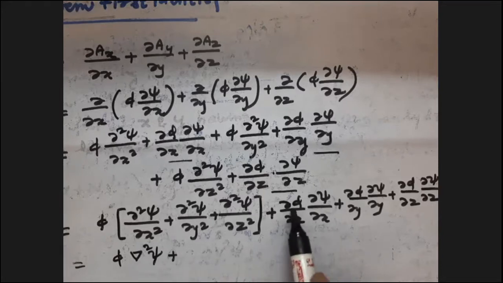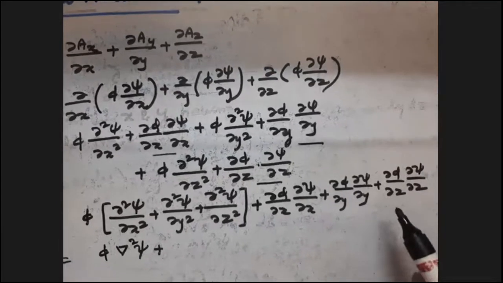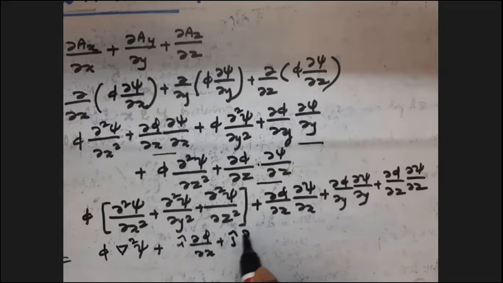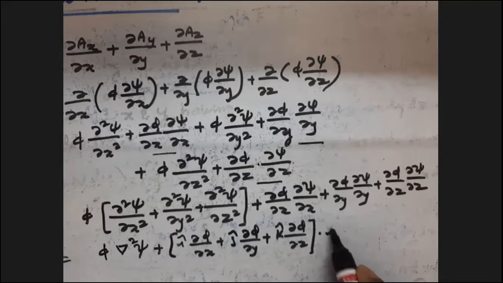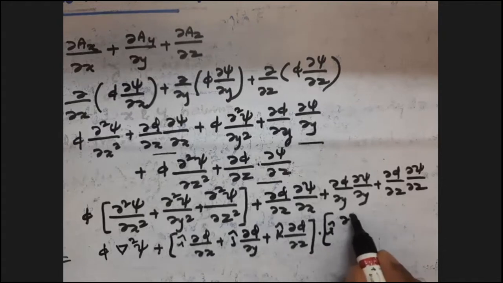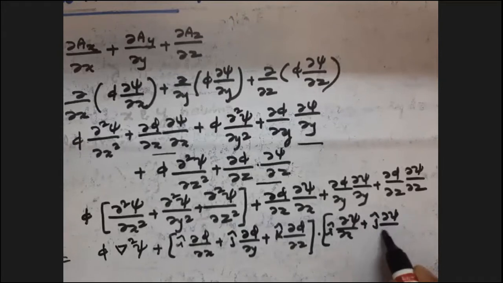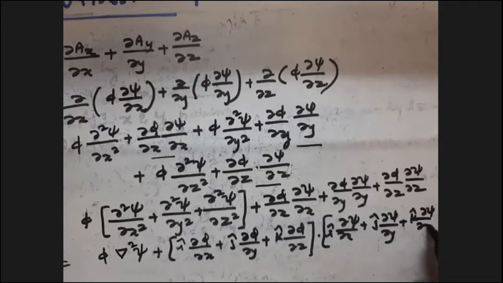So this is i del phi by del x plus j del phi by del y plus k del phi by del z dot, that is I'm writing i cap del phi by del x plus j cap del phi by del y plus k cap del phi by del z dot again i cap del psi by del x plus j cap del psi by del y plus k cap del psi by del z.